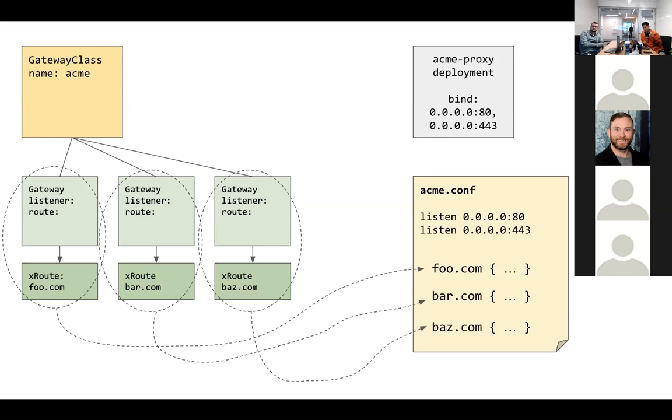The interesting piece of this is that the Gateway is not a description of the infrastructure, which is this gray box up here. The Gateway class is the description of the infrastructure to some extent. From the user standpoint, the Gateway is a description of their intent, their requirements for their application.